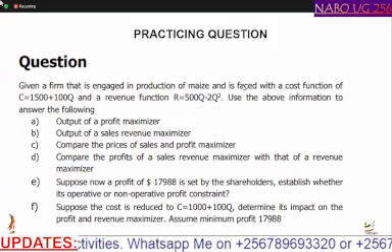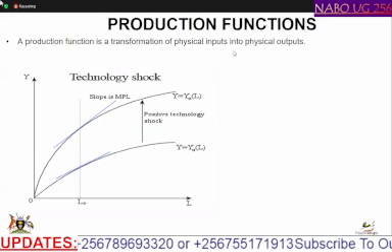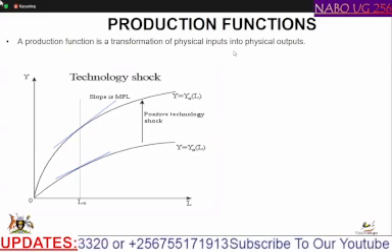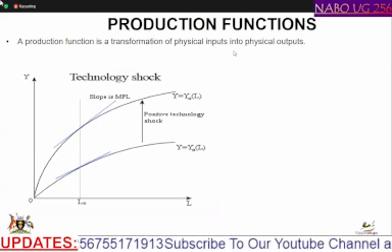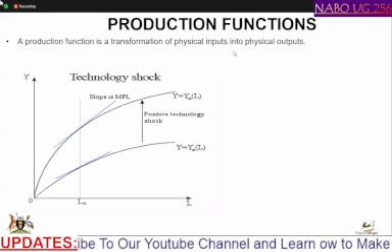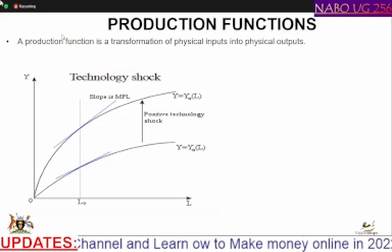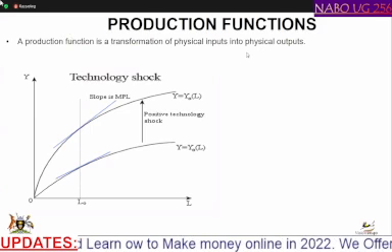Now I want to proceed to production functions. What are production functions? A production function is a transformation of physical inputs into an output.